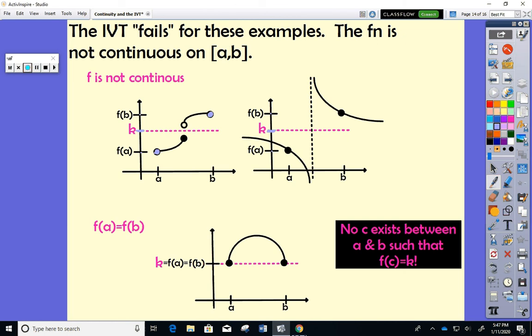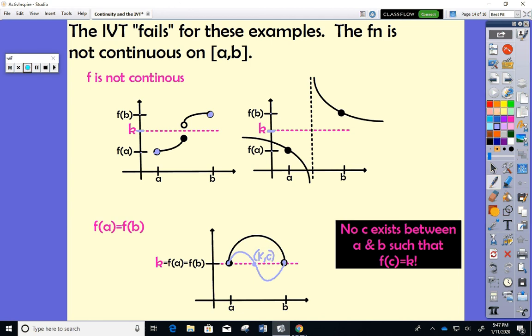All right, so in the case that f of a equals f of b, it becomes what we would call a trivial case. If the graph, for instance, went up and came back down and went back up again, then you would have a k comma c on the graph.